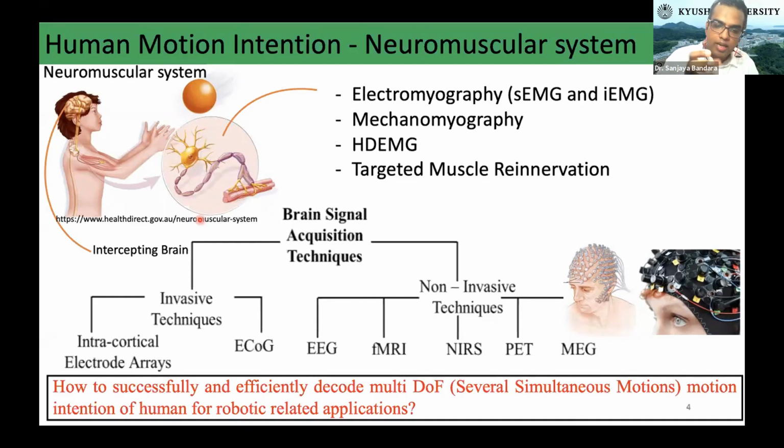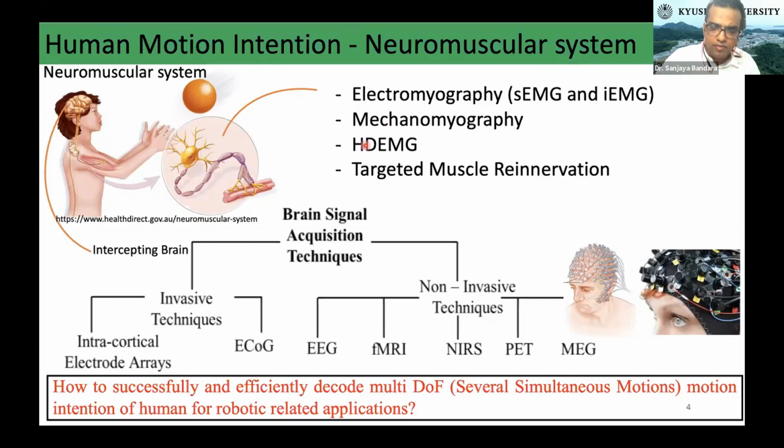So if we can intercept at any of these points, for example in the brain or in the muscle, we may be able to understand what kind of motion the user wants to do. In today's talk, Dr. Thilina will be focusing on intercepting with the human brain, and my focus will be on intercepting this muscle signal pathway at the muscle.